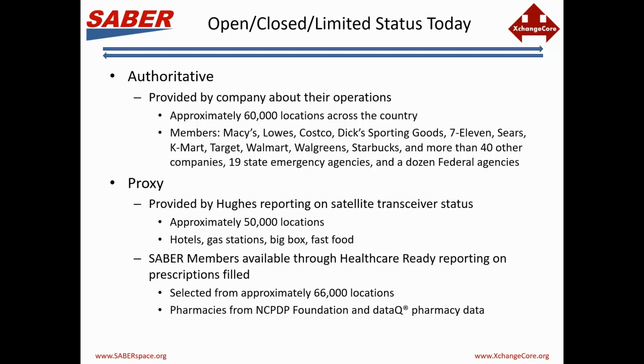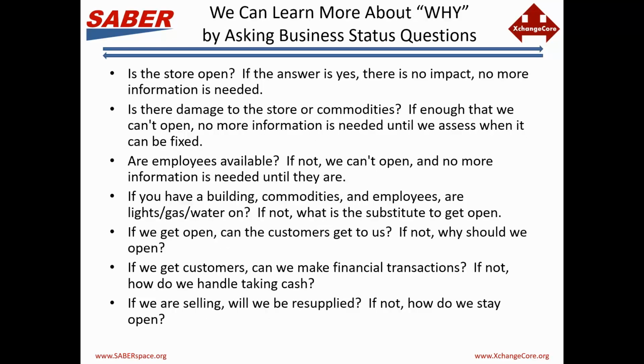Similarly, working with Healthcare Ready, some of the SABER members provide their information through that, and we pick that information up, the information being whether in the last 12 hours a prescription has been filled. Again, we don't know whether that absolutely means the business is closed, but we're saying, look at that, that business may not be operating at its capacity because it's not filling prescriptions. With that, well over 100,000 locations across the country that SABER currently has.